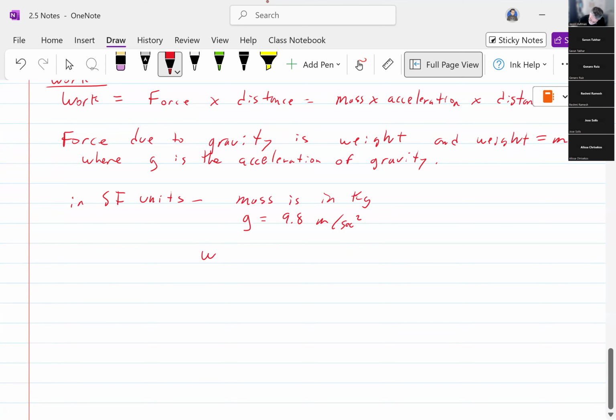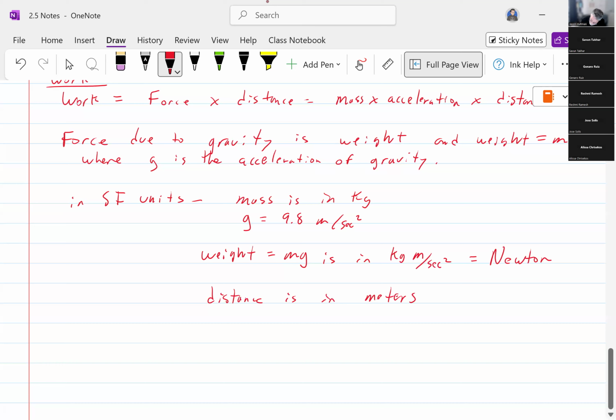Okay, so weight is equal to mg, in kilogram meters per second squared, which we call a Newton. Not to be confused with those very yummy cookies. Distance is in meters.